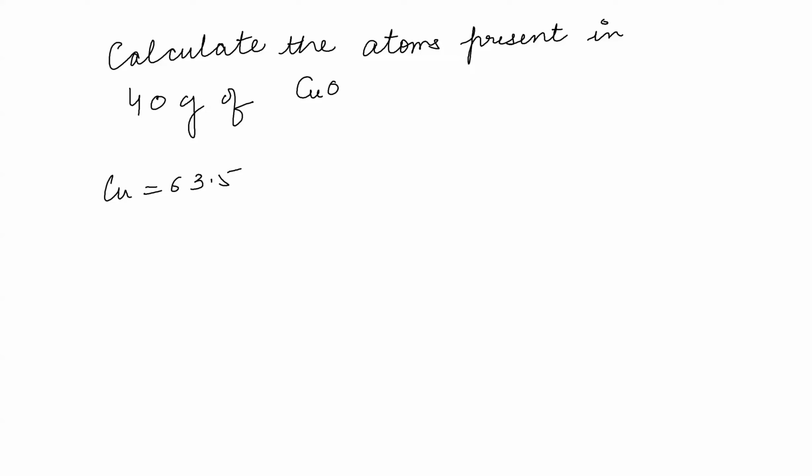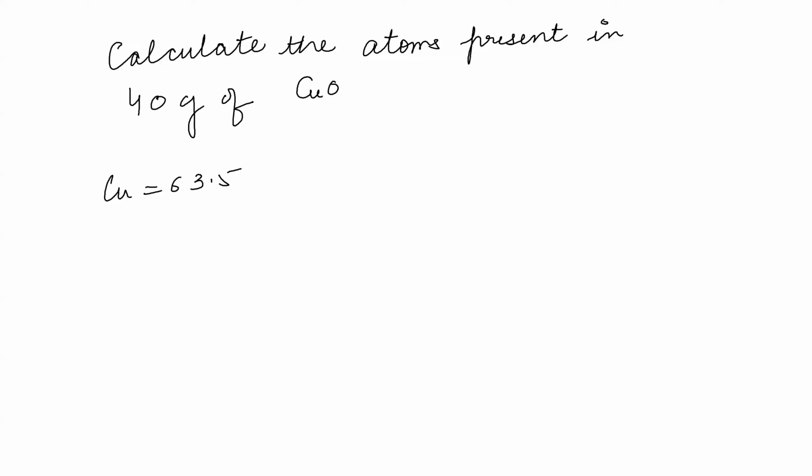So 63.5 plus 16, 40 divided by 79.5, times 6.022 times 10 to the power 23. So 3.0299 is the total number of atoms.